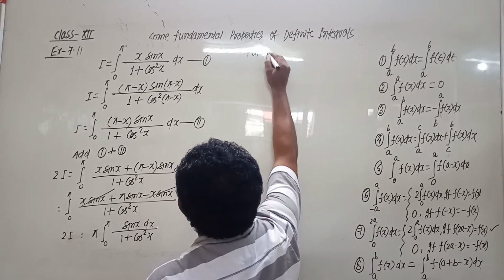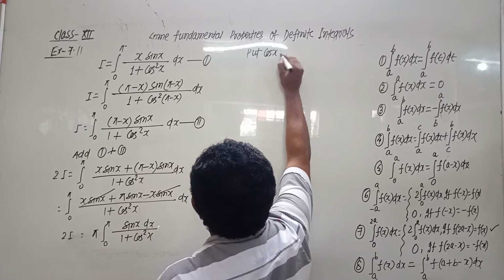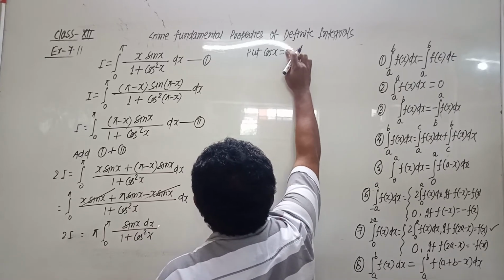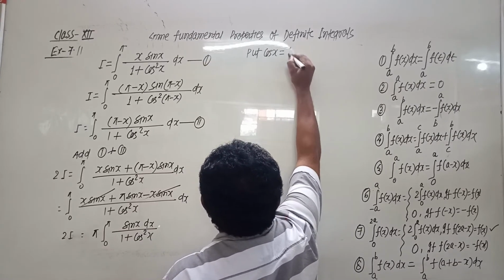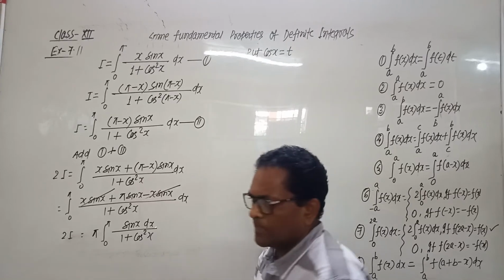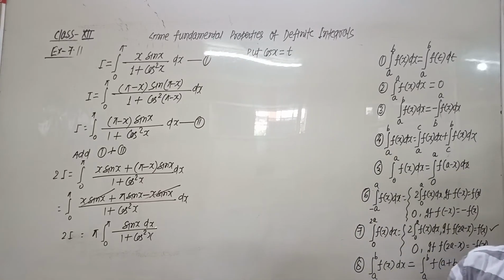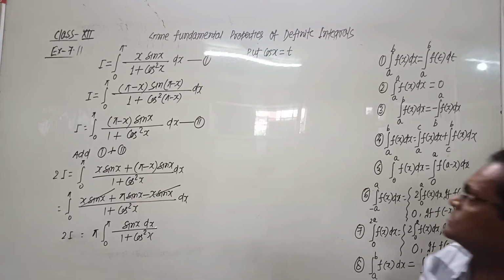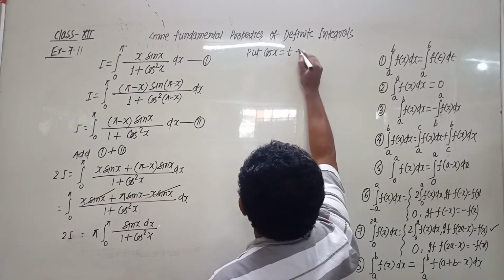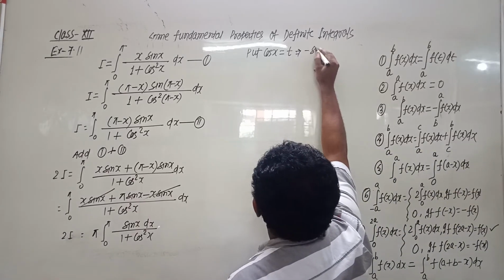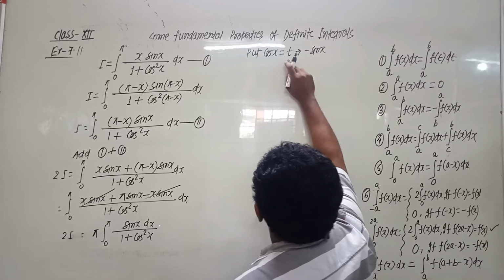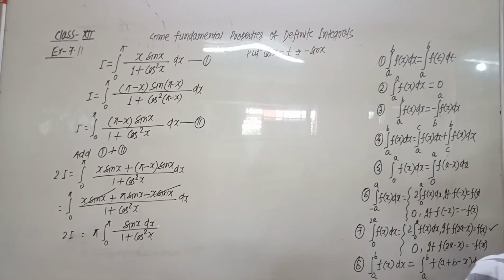Put cos x equals to t and differentiate with respect to x. So differentiation of cos x is minus sin x, and differentiation of t is dt by dx.